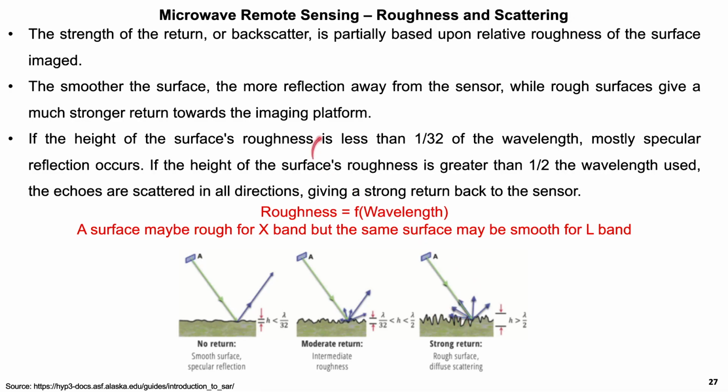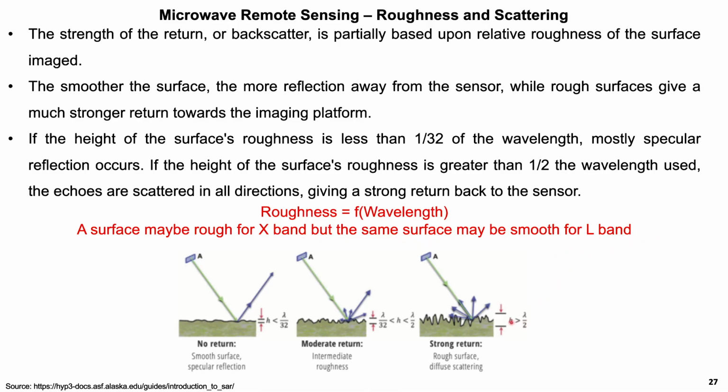And whether a surface is rough or smooth depends on the wavelength of the band at which you are operating. A surface may be rough for X band, but the same surface may be smooth for L band, because X band has a lower wavelength and L band has a higher wavelength.